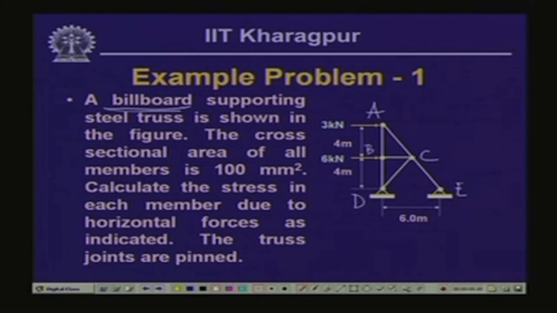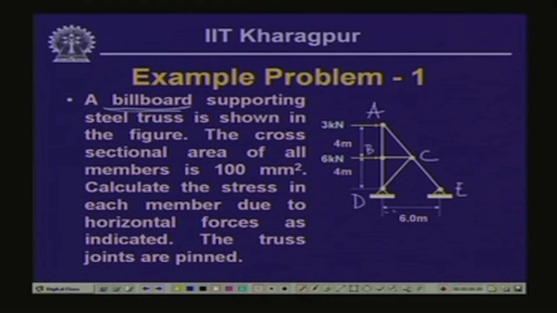Now, we are interested to know the stress in each member when this particular board will be subjected to a load on its area, and the load has been converted here. The forces are acting as 3 kilonewton here and 6 kilonewton here.